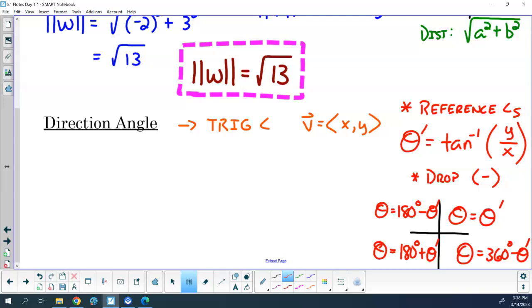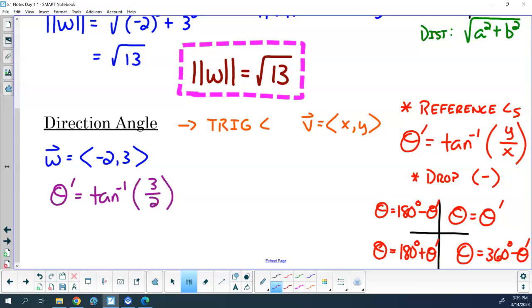Okay. So if we have vector w, once again, is negative 2 comma 3, the reference angle then, I would use theta prime, would be the inverse tangent of 3 divided by 2. I would drop the negative off of the negative 2, and that's going to give me an angle of 56.31 degrees and change. I round it. Okay?